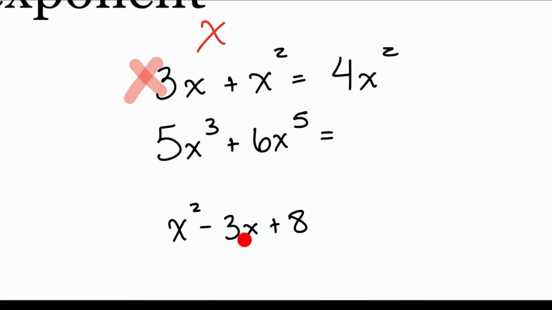These are all different terms. They are not like terms, and so you leave it as is. And that's the same exact thing that'll happen right over here. 5x cubed plus 6x to the 5th, it stays the same. It'll just be written as 5x cubed plus 6x to the 5th. There is no simplification to be done. It just stays as is.